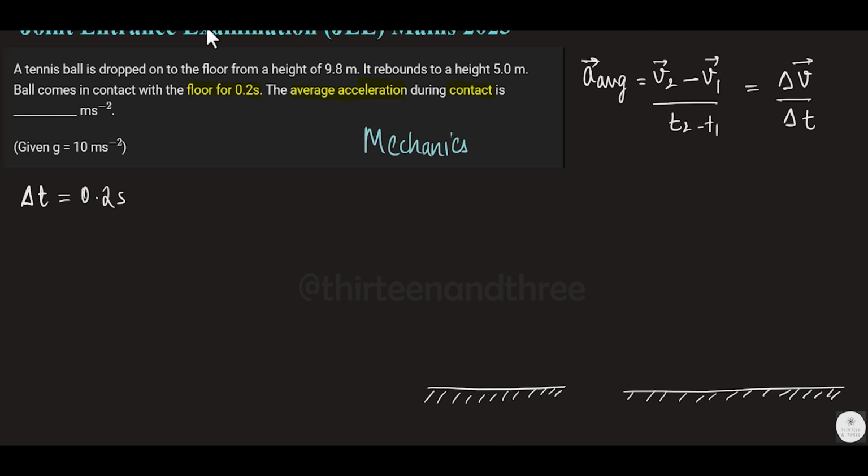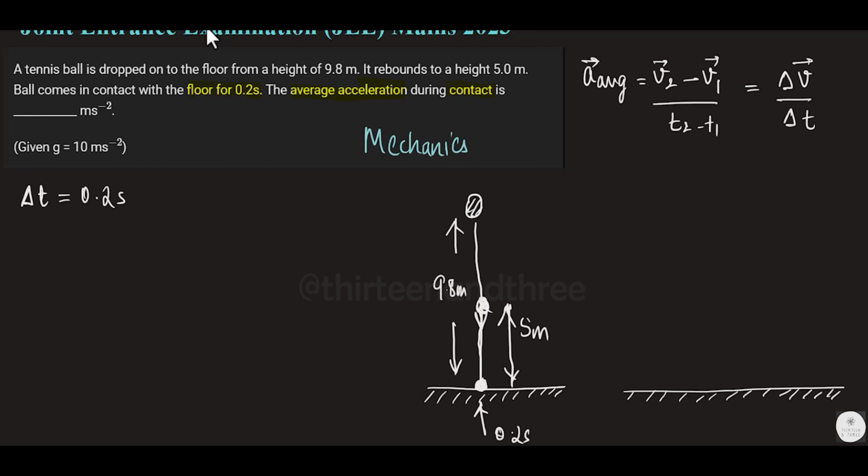Here my ball is at a height of 9.8 meter. It will fall and then it will rebound from here. It will come in contact for 0.2 second over here and then it will again rebound to a height of 5 meter.